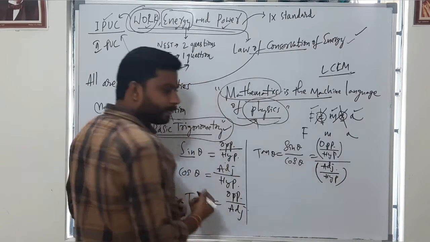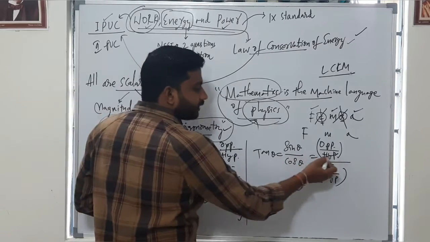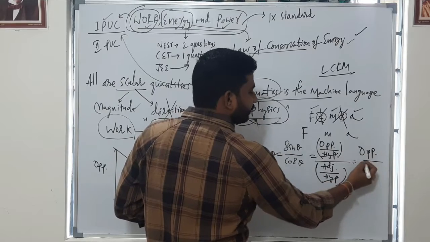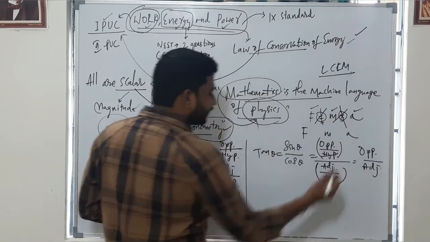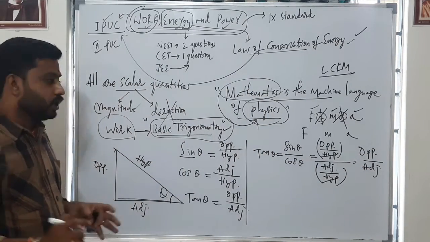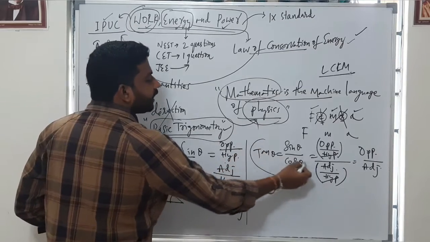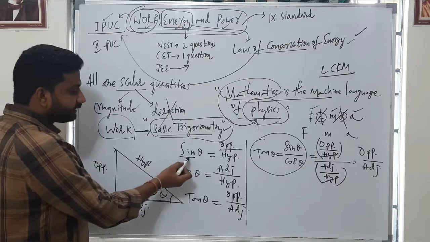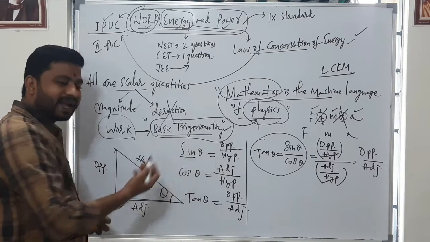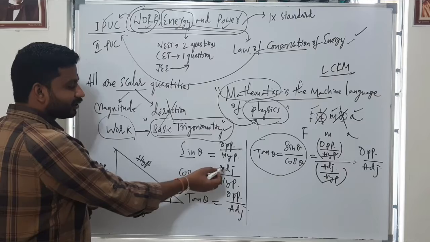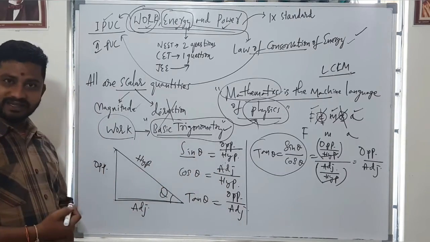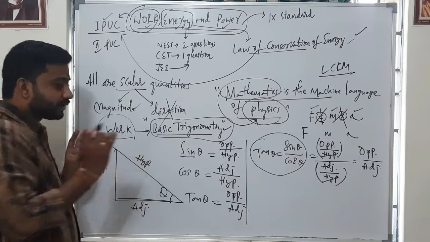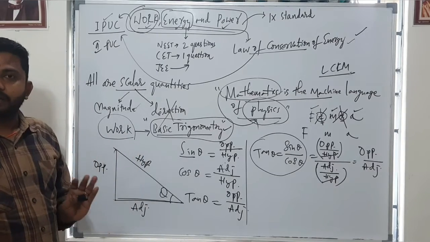Carefully you see, the hypotenuse cancels, and what remains is opposite side by adjacent side. So that's the tan angle. Clear? Remember, tan theta is equal to sine theta divided by cos theta. Sine theta is equal to opposite side by hypotenuse. Cos theta is equal to adjacent side by hypotenuse. So this is one part of simple trigonometry. Clear? Remember.